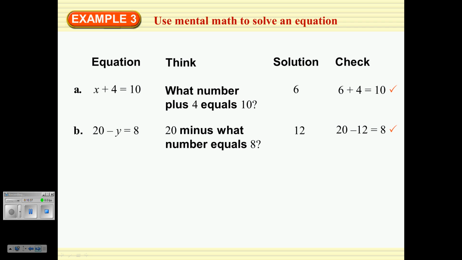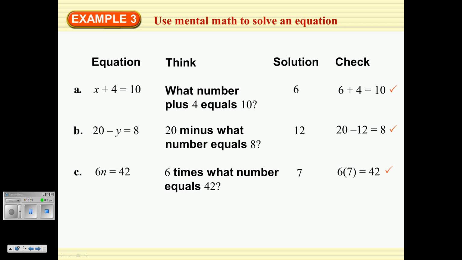Okay? Letter C, 6n equals 42. Well, ask yourself, what times 6 equals 42? And hopefully you know your math facts well enough to know that 7 times 6 equals 42. And then D, a divided by 5. Now please get in the habit of seeing fractions as division problems.